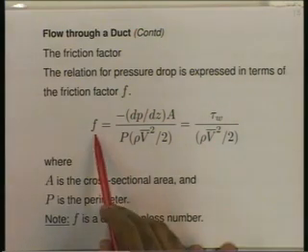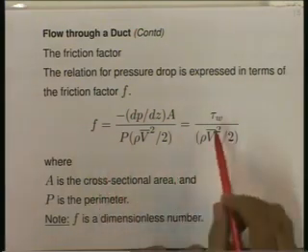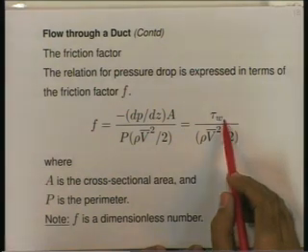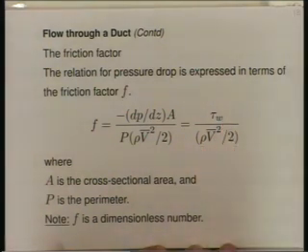The friction factor can also be shown to be equal to the shear stress on the wall, tau W, divided by rho V bar squared by 2. In any internal flow situation, we will almost always be interested in knowing what the friction factor is. And we should remember that the friction factor is a dimensionless number.